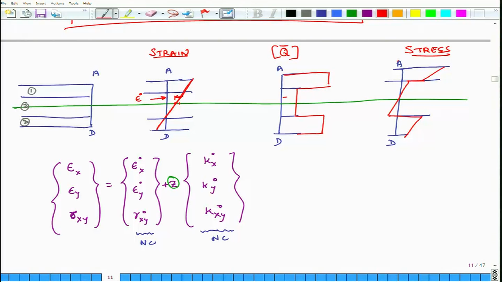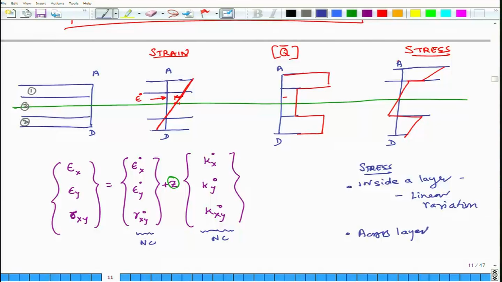So within a layer, so stress inside layer it is linear, and across layers it is discontinuous.